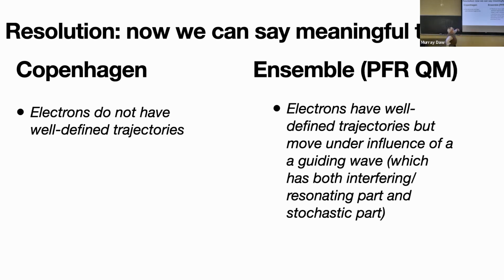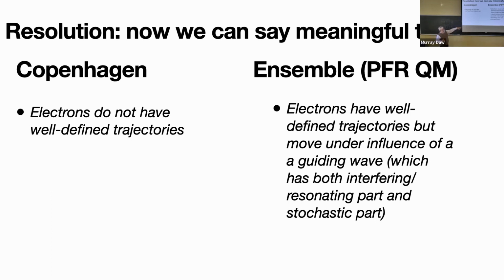Electrons don't have well-defined trajectories. Well, they do, but they're also moving under the guidance, the influence of this guiding wave structure, which is not explicitly present in the Schrodinger equation. We have some potential energy, some potential, a particle in a box, or some harmonic oscillator, a barrier.